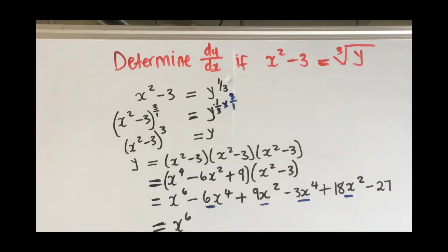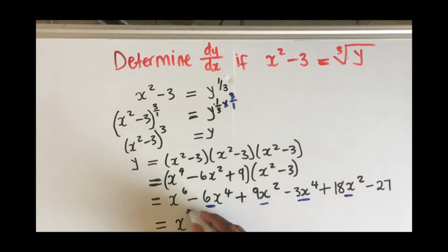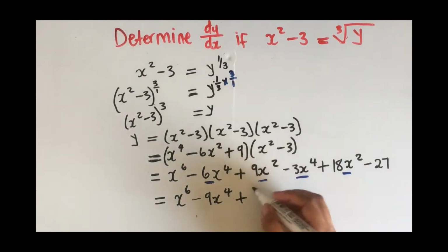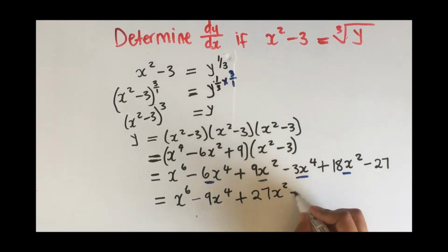Negative 6 minus 3 is negative 9x to the power of 4, and 18 plus 9 is 27x to the power of 2. So we have x to the power of 6 minus 9x to the power of 4 plus 27x to the power of 2 minus 27.